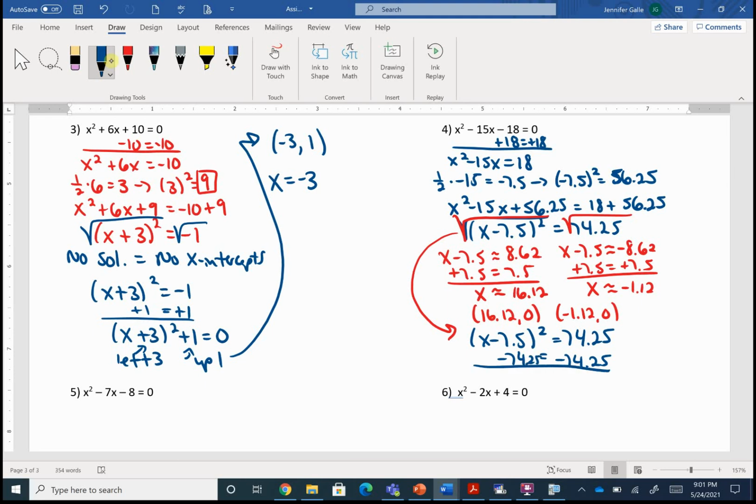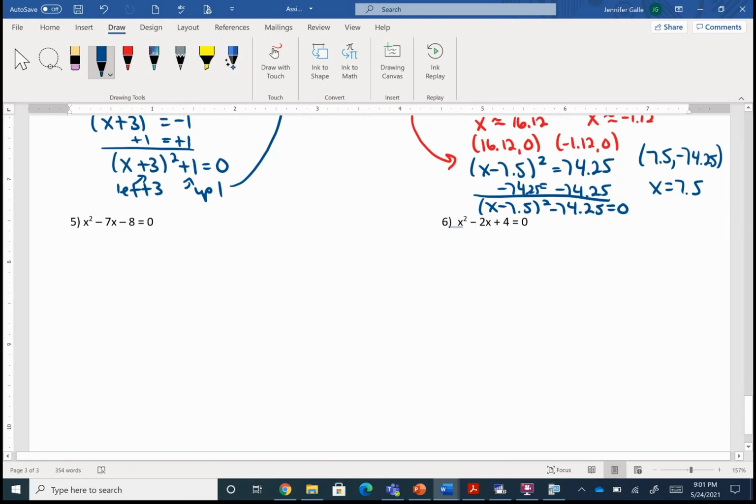And so what we have is x minus 7.5 squared minus 74.25. On the inside of the parentheses is a minus 7.5, so it's going to be to the right 7.5, which is positive. Then down 74.25, which is negative. Axis of symmetry is x equals positive 7.5.